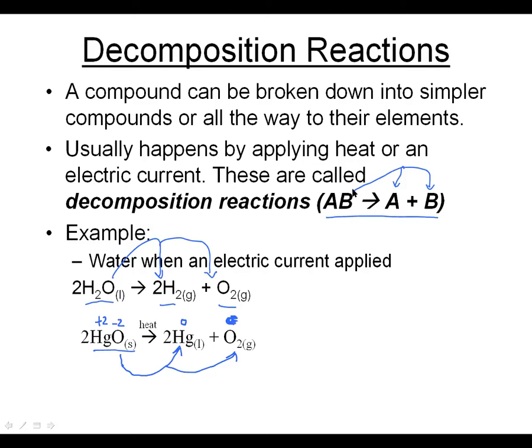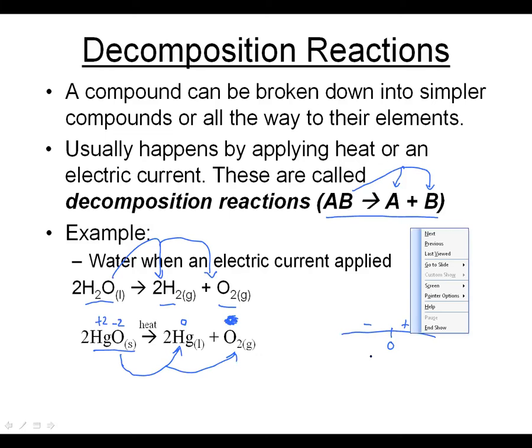So again, if we look at our number line, our mercury is going from +2 to 0, heading in this direction, which means it's going through reduction.